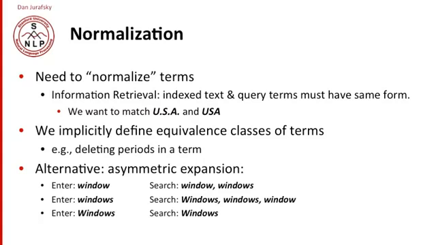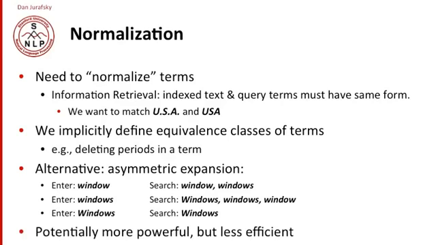But if I enter capital W Windows, I might only want to search for capital W Windows, because the person's presumably looking for the product and not the part of your house. And this is a potentially more powerful algorithm, but less efficient and much more complicated. So in general, we use symmetric and relatively simple expansions.